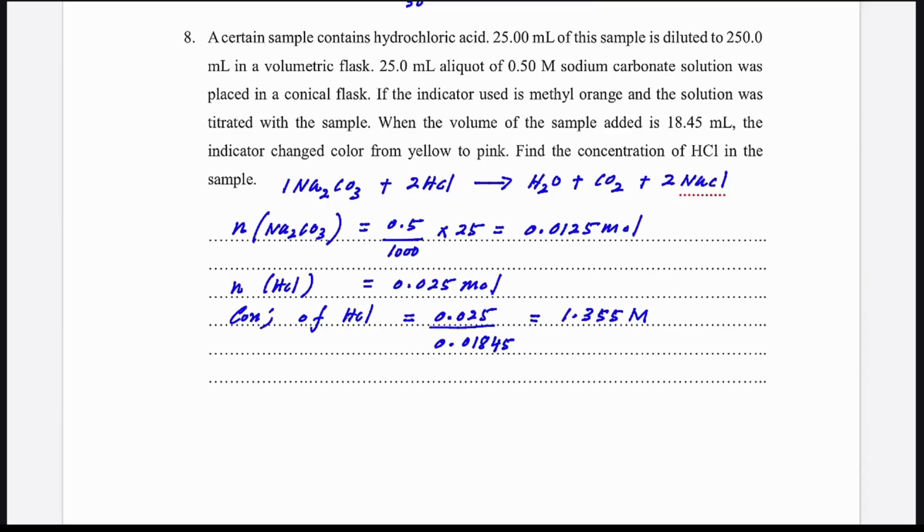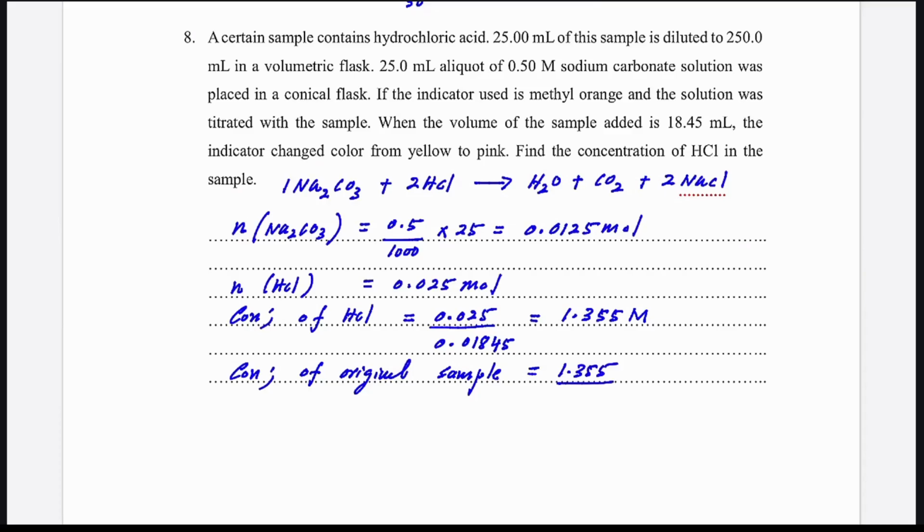So now how much is the concentration of the original sample? You understand what I'm doing here, buddy? This is before dilution, so it should be 1.355.